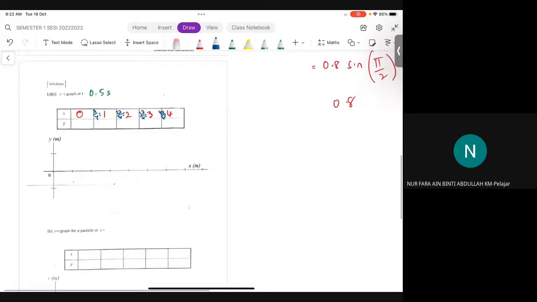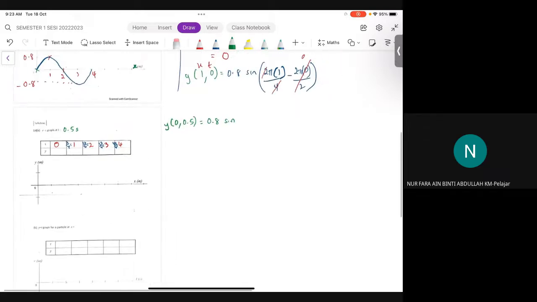Okay, so kita masuk kepada equation tadilah. So apa equation kita tadi? y equals to 0.8 sin 2 pi (x over lambda minus t over T). Your x now 0 but your t is 0.5. Saya tiru atas lah. 2 pi, x adalah 0 over 4, tapi your t adalah 0.5 over 2.